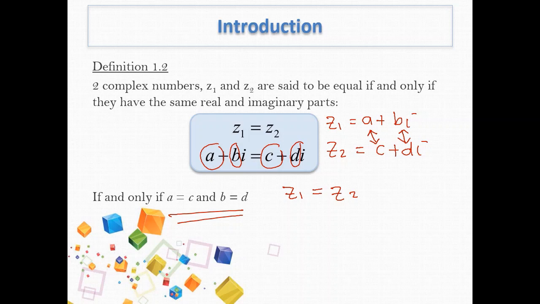If a is not equal to c or b is not equal to d, that proves z1 is not equal to z2. So if you fail to prove either one, it means that the two complex numbers are not equal.